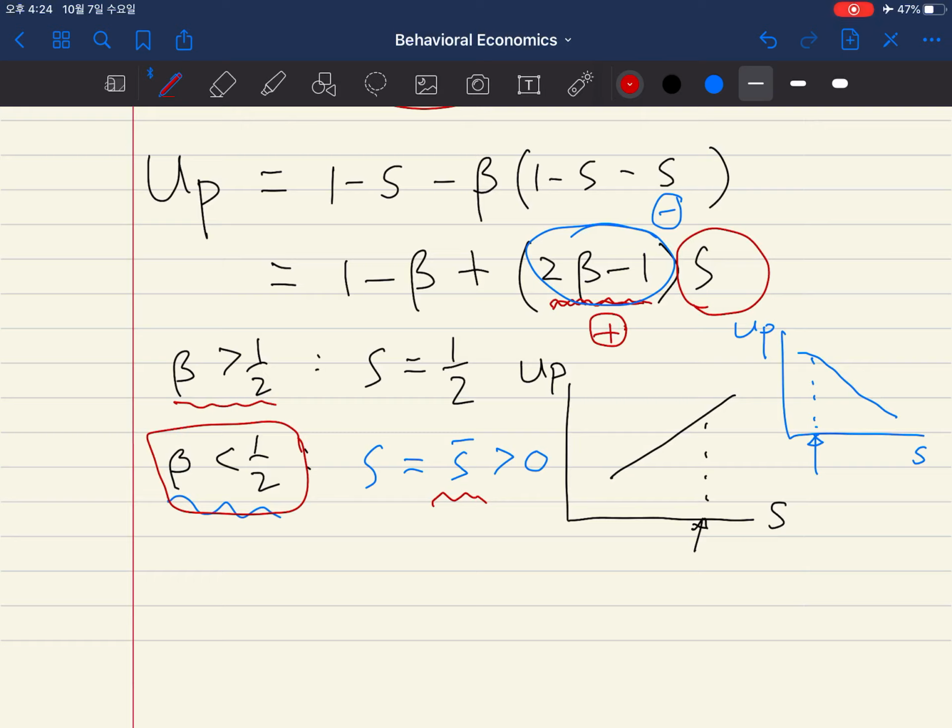Because proposer is afraid of rejection. So because proposer is afraid of rejection by responder, proposer is willing to offer some positive amount to responder. So we can see that offering a positive amount here is because of strategic reason.